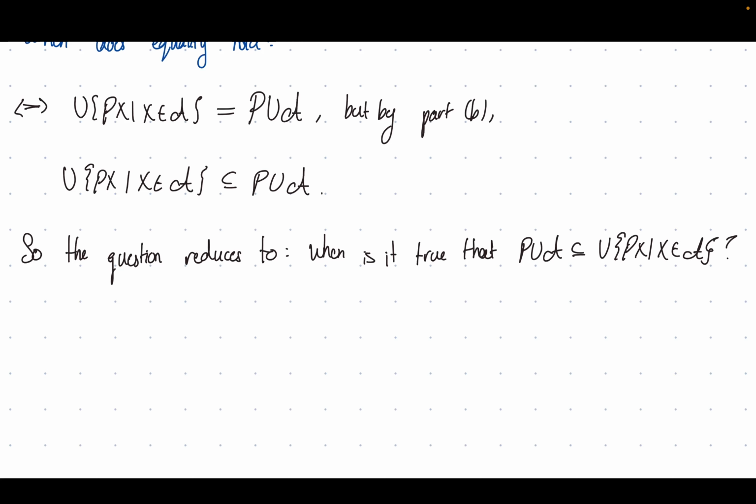Okay, I hope that's somewhat legible, but you get the idea. We just want to show some pattern for when inclusion in the other way works, or when it's true.